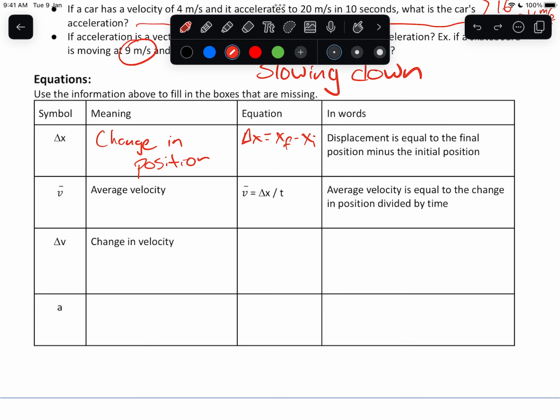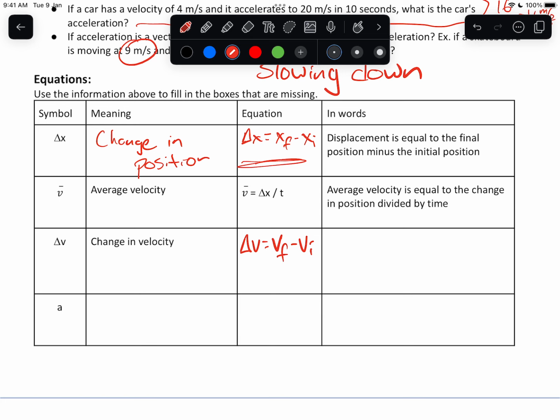My average velocity is equal to change in x over change in time. So a change in velocity. Well, I could actually look up here as a clue. My change in velocity is going to be the velocity final minus the velocity initial. And average velocity is equal to the change in position divided by time.